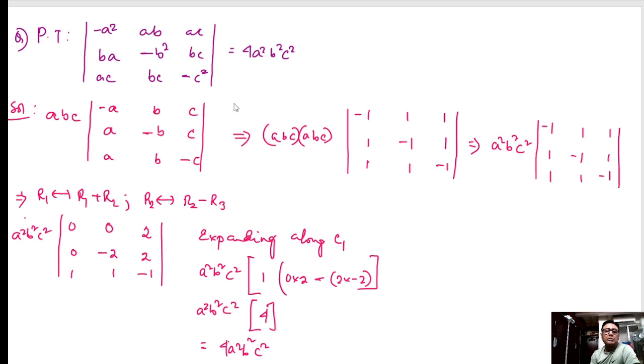So now what we are doing is, please watch here, we can take a common from here, b common from here, c common from here, and we are getting this abc.